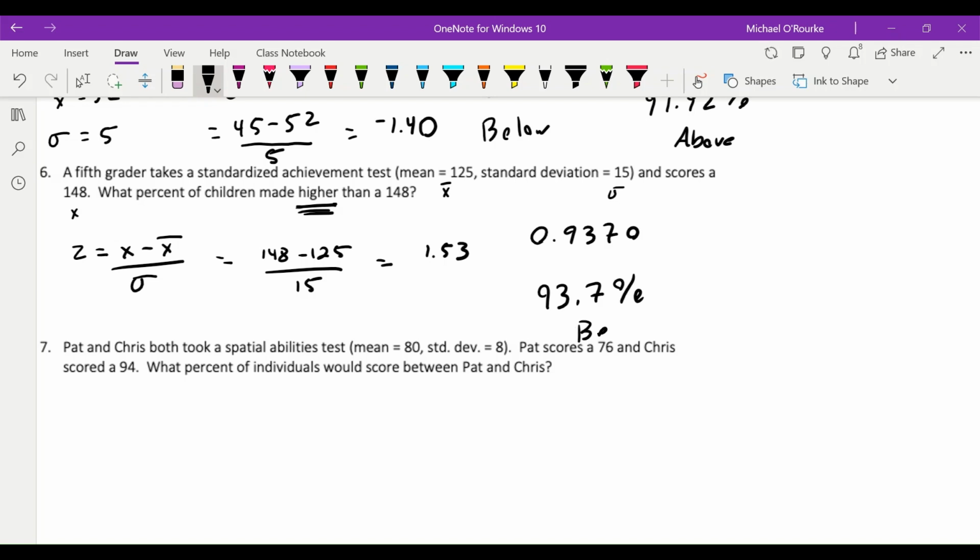But that is below. So if I want above, I'm going to go 100 minus 93.7%, which I believe is 6.3%. I will double check it. Yep. So 6.3% of individuals have a higher mark than this child. Very good for this job, right?